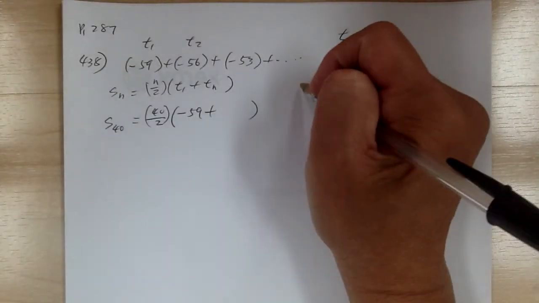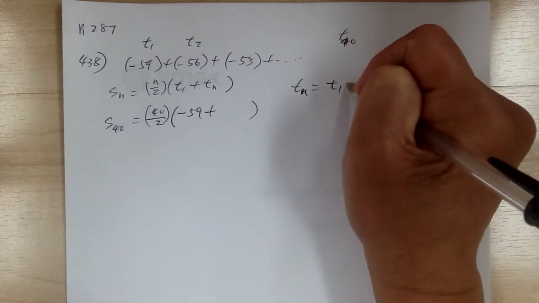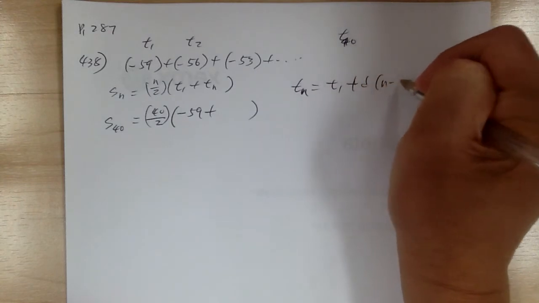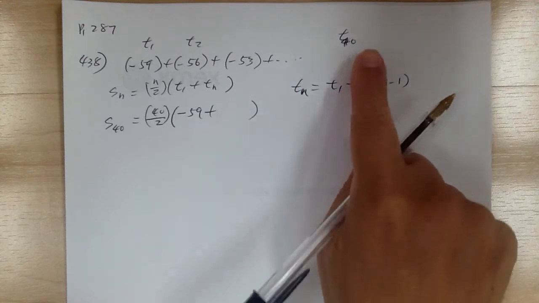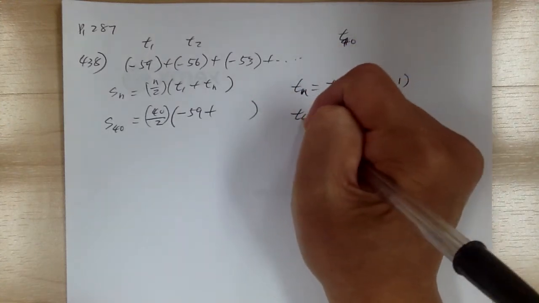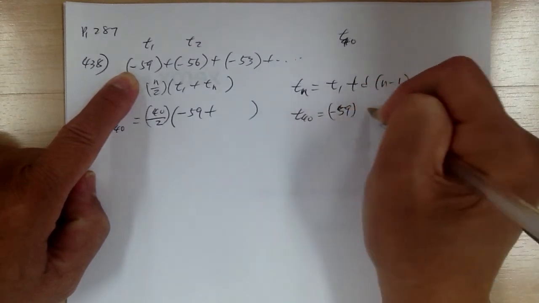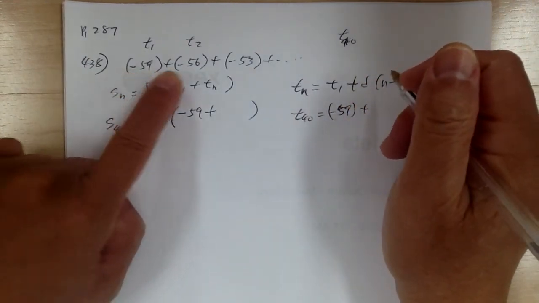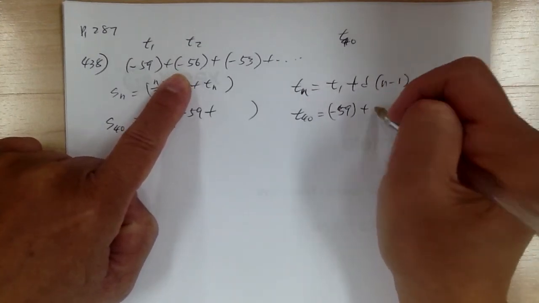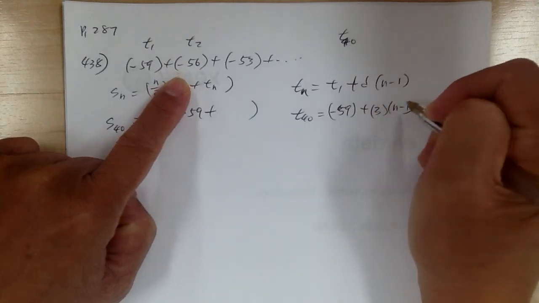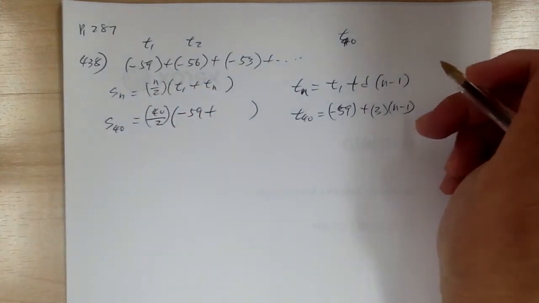So the formula is T of n equal to T1 plus d times n minus 1. Again, n and 1 are just generic; you can use any number. So we're looking for T40, so T40 equal to T1, which is negative 59, plus d. From here to here, the common difference d is 3. You have to add 3 to get to the next term.